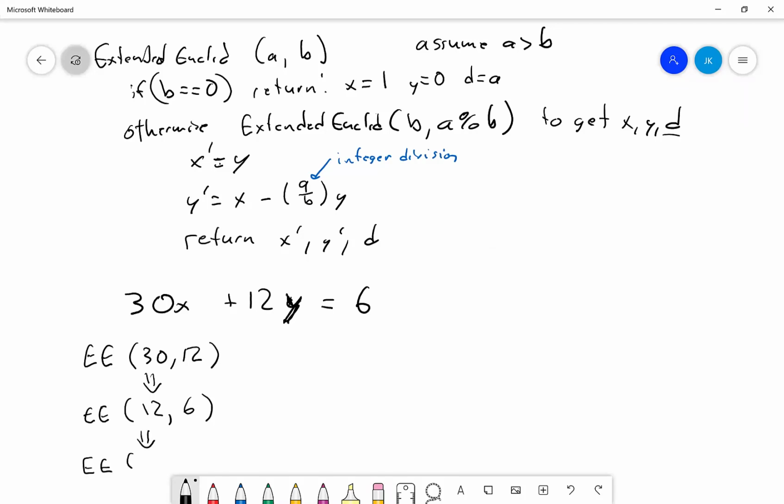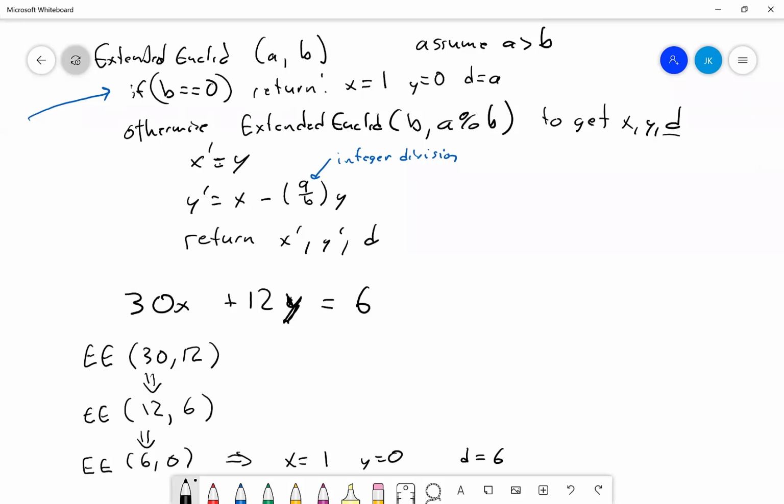We get extended Euclid now of 6, 0. So at this point, we are at our base case. We say if b is equal to 0, we're going to return. And so what gets returned here is x equal to 1, y equal to 0, and d equal to 6. So that's what gets returned out of there.